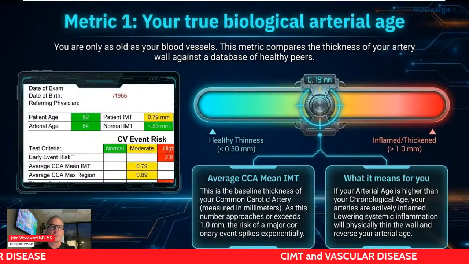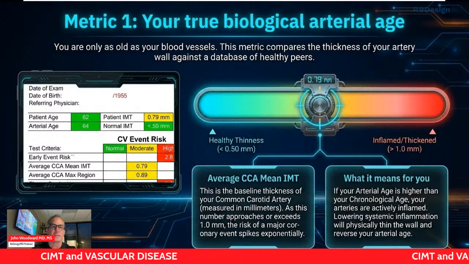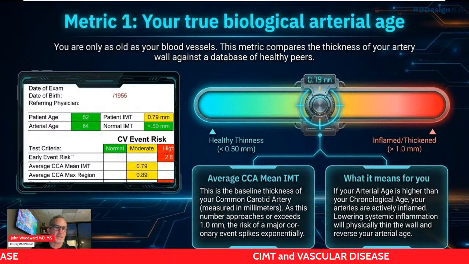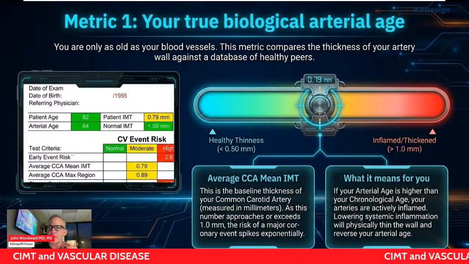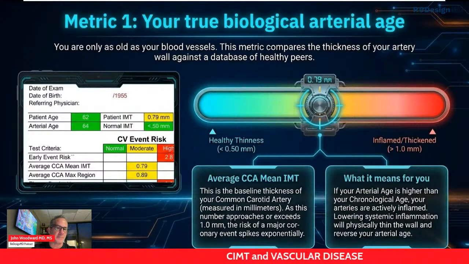So, your true biologic arterial age. Here you see the arterial age is 64 for a person chronologically at 62. Why are they 64? Based on their IMT, the average of those 600 cuts that I talked about in the common carotid artery in the neck comes out to be 0.79 millimeters.